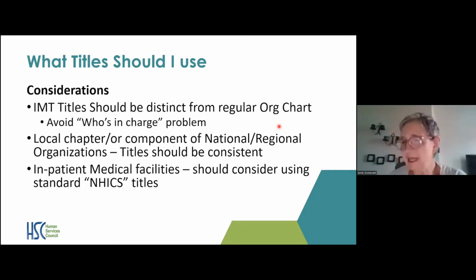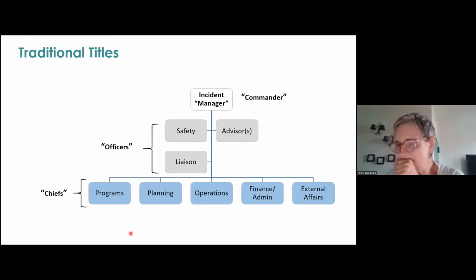So if you have a planning chief in your normal operations, you don't want to have a planning chief in your incident management structure unless you call it incident program chief, incident planning chief. You want to make it clear to all of your staff that this team is different. They have slightly different responsibilities.